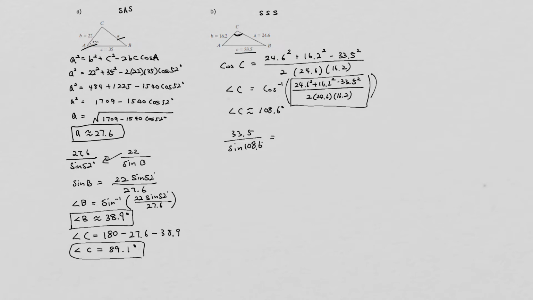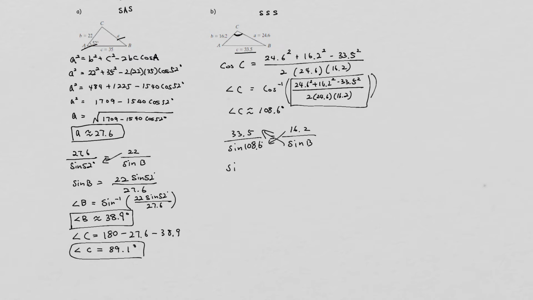The next larger angle is A, but once you find the biggest one first, it's not going to make a big difference. So let's find B, which is 16.2 over sine B. Cross multiply and divide by 33.5.